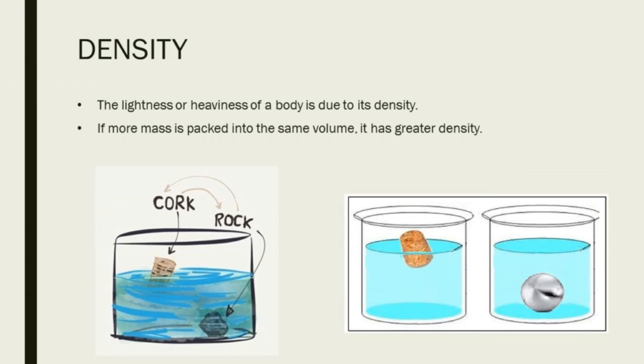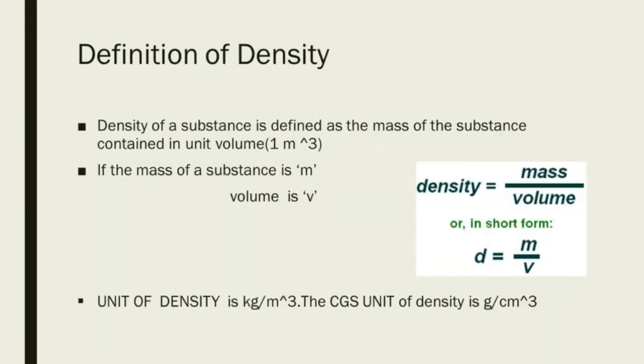What's the reason? The lightness or heaviness of a body is due to its density. If more mass is packed into the same volume, it has greater density. So the iron ball will have more mass than the wooden block of the same size. Definition of density. Density of a substance is defined as the mass of the substance contained in unit volume.